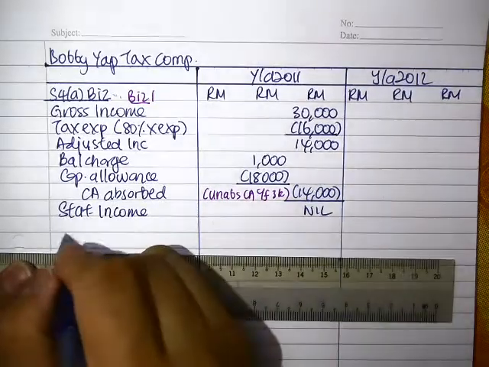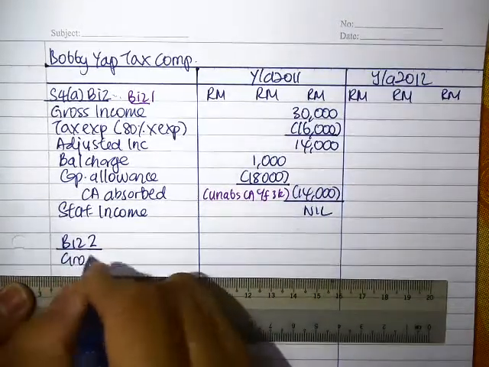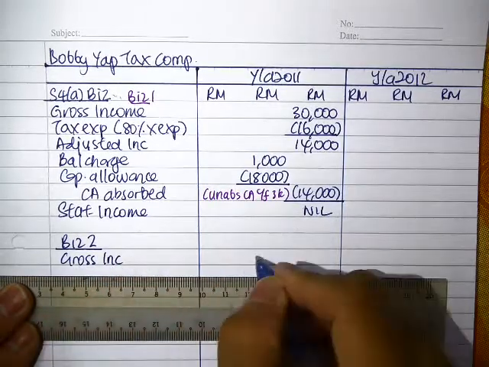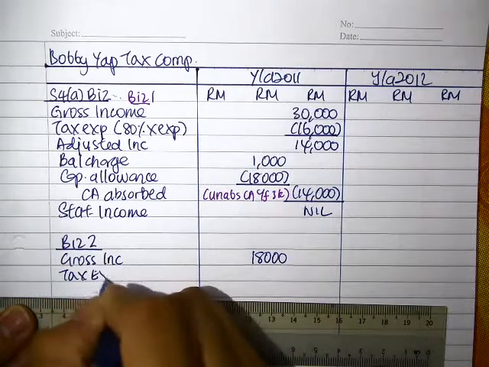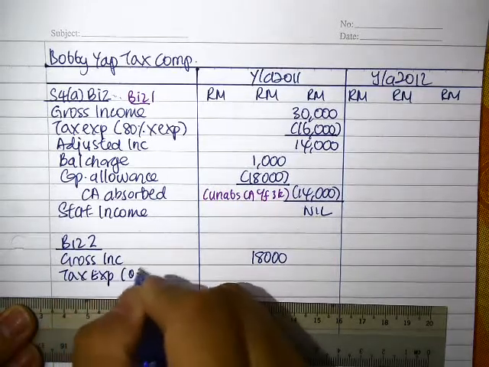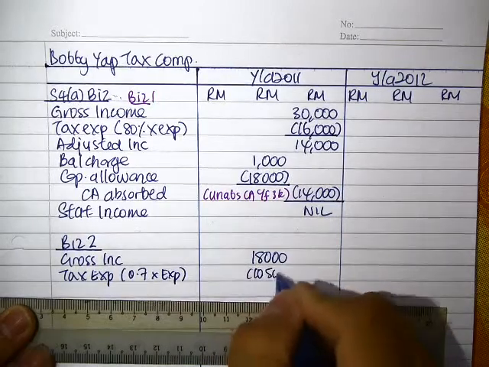Now for business 2, same thing: gross is 18, the tax expenses are 70% of the expenditure, so you're going to get 10,005.